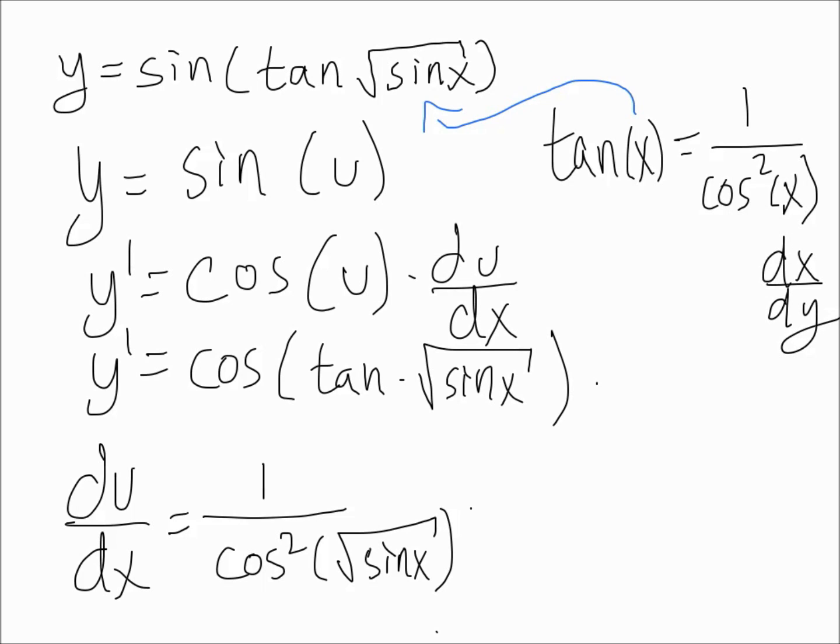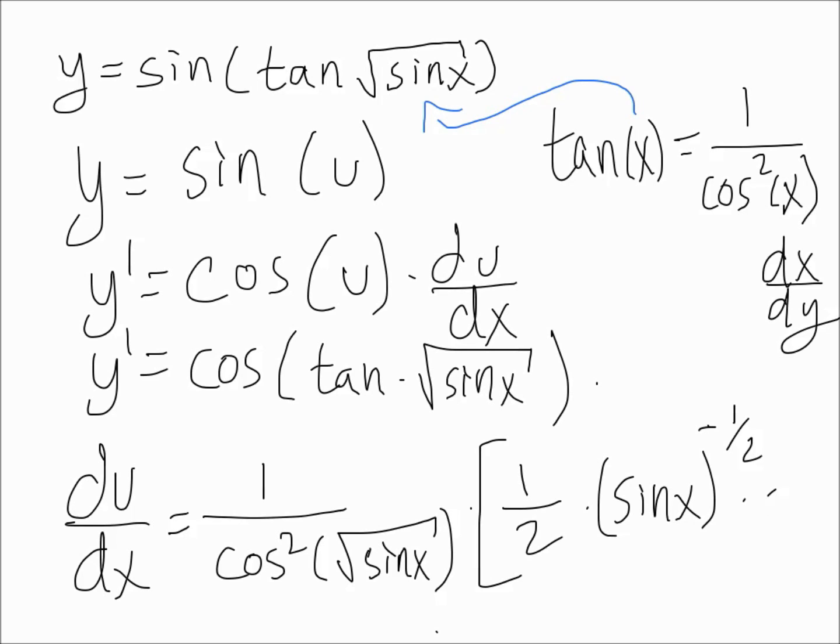By following the chain rule, it will be 1/2 times sine of x to the negative 1/2, and then times cosine of x, which is the derivative of sine of x.